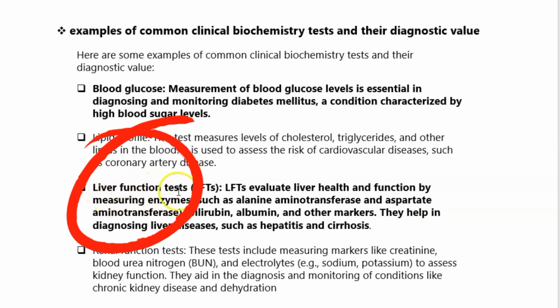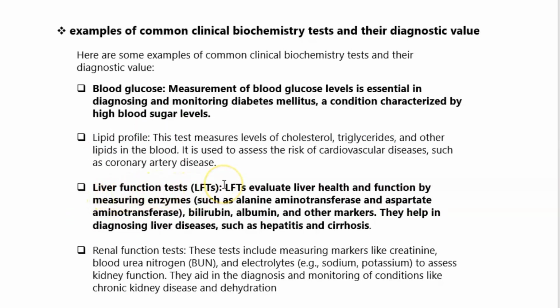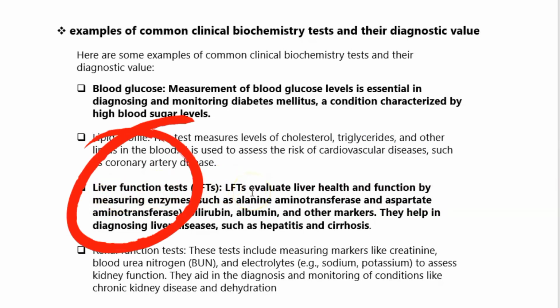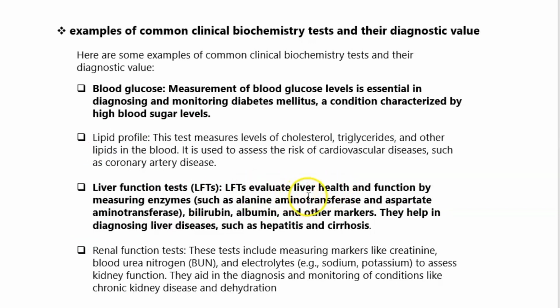Number three, liver function test, what we refer to as LFTs. LFTs help us to evaluate liver health and the functioning of the liver enzymes. And to do that, we measure the level of some enzymes that are in blood.